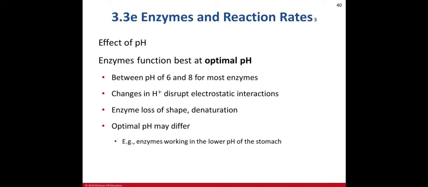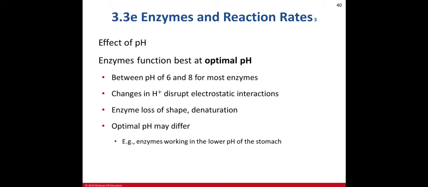What happens is that we can change the hydrogen ion concentration, which will mess up those interactions on our enzyme. And of course, if we go too far acidic or too far basic, then we're going to denature our protein and, of course, lose its function.